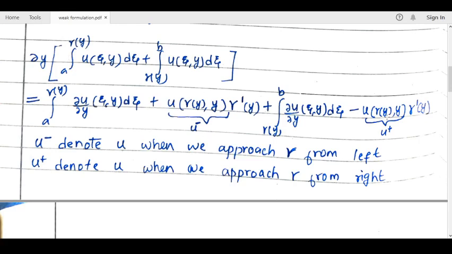And here we have gamma of y to b, so we are approaching gamma from the right. We denote this term by u plus. u plus is the value of u when we approach gamma from the right. So we will make this substitution here: this term we put as u minus, and this term we replace by u plus.